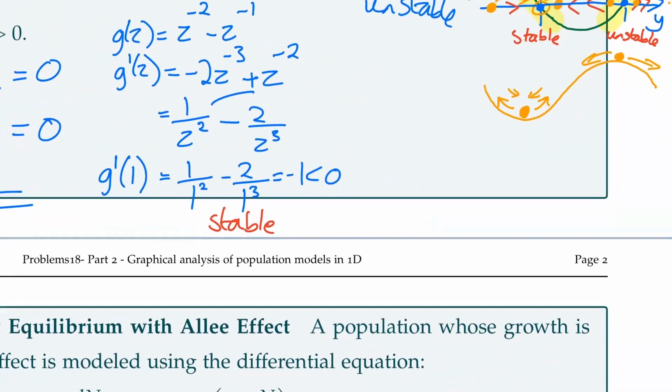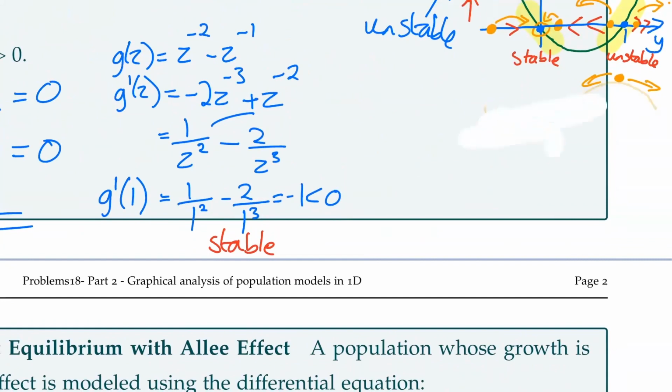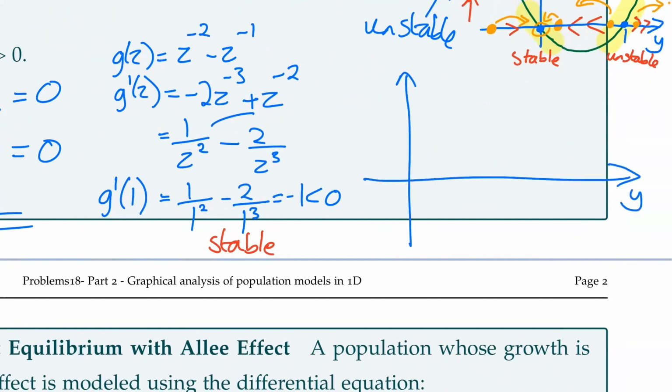We could also draw this out if we wanted to. Right, I'll draw it like this. So we have our z, our g of z. We have a growth function that looks something like this. That's a terrible drawing, but it looks something like that. We know we have one equilibrium here when z is equal to 1.